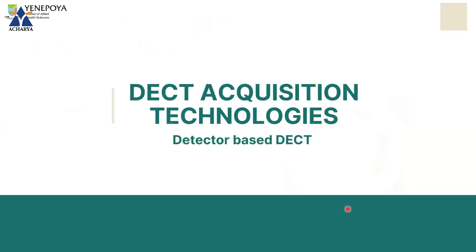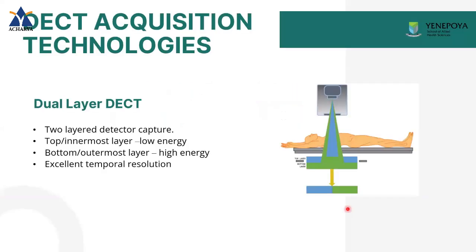So now we will go on to detector-based dual energy CT. There are a couple of technologies which have been developed in detector-based dual energy CT. One is dual layered dual energy CT.